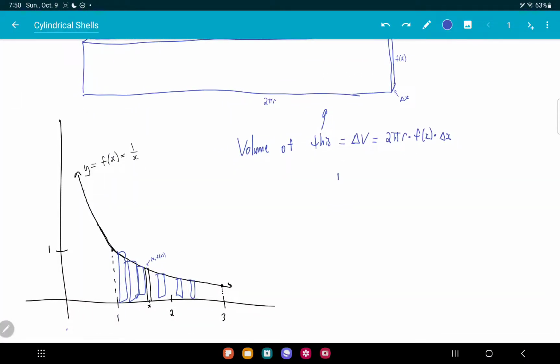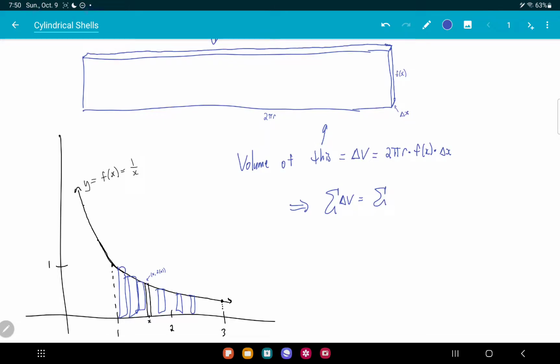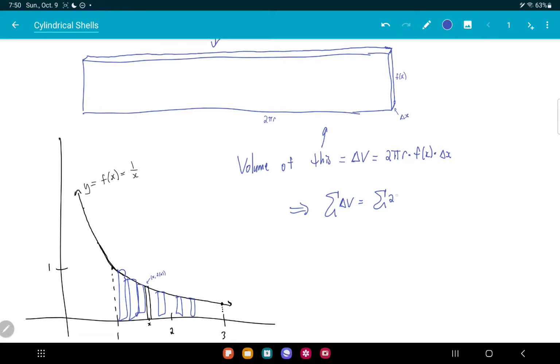So this is going to give me, when I add up all the cylindrical shells, look at this guy.